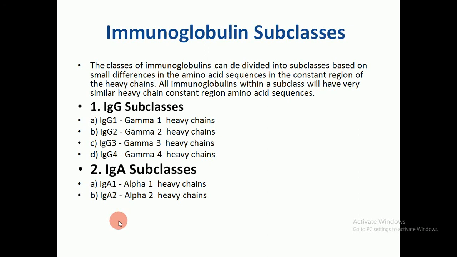The classes of immunoglobulins can be divided into subclasses based on small differences in the amino acid sequence in the constant region of the heavy chain. All immunoglobulins within a subclass will have very similar heavy chain constant region amino acid sequences. So the IgG subclasses are IgG1, 2, 3, 4, and in the case of IgA, IgA1 and IgA2.